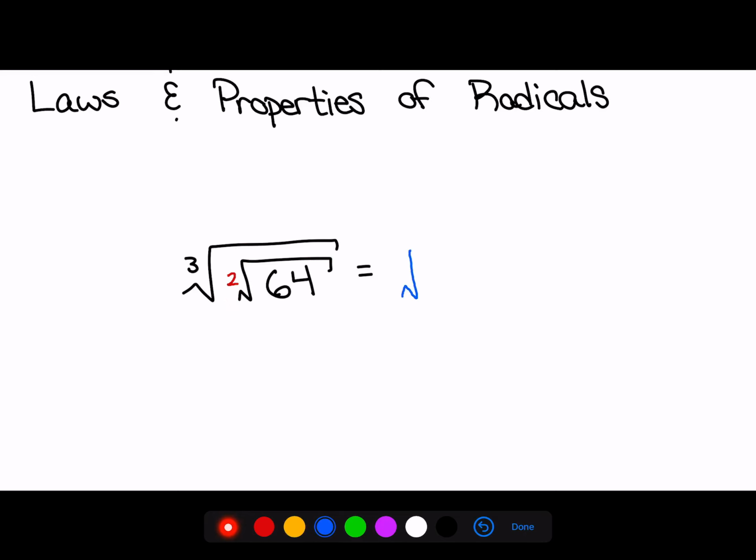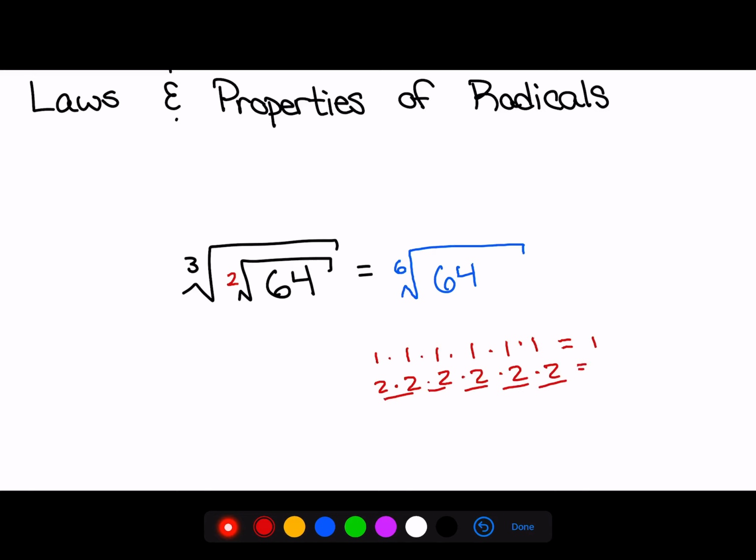So I now have the 6th root of 64. So what number, when I multiply it by itself 6 times, will equal 64? Let's go ahead and check. 1 times 1, 6 times. Well, you guessed it, that's equal to 1. Let's see what 2 does. Well, 2 times 2 is 4, times 2 is 8, times 2 is 16, 32, 64.